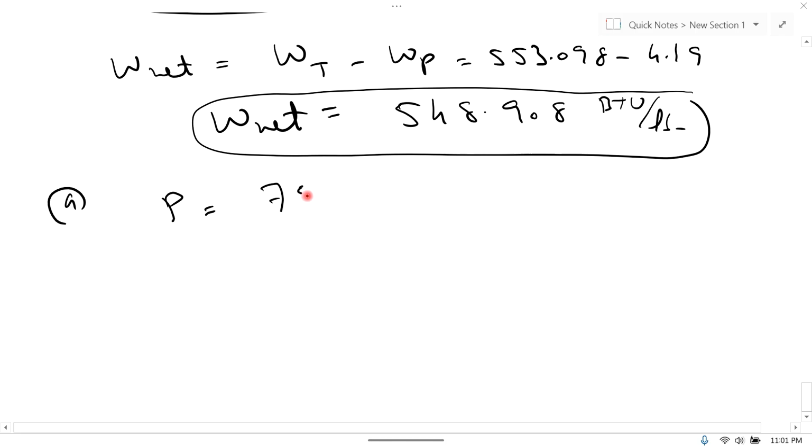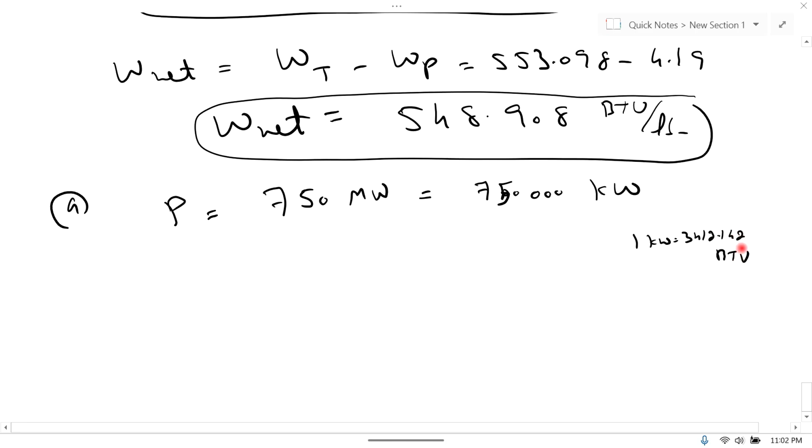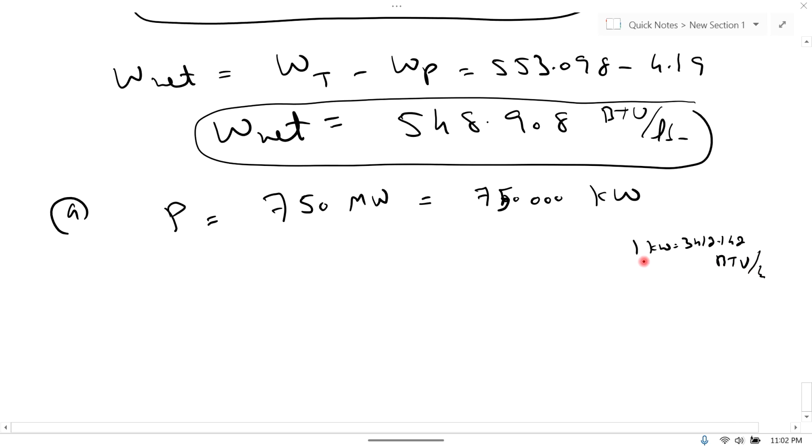So first convert this value into BTU per hour. 750 megawatt is equal to 750 into 1000 kilowatt, and 1 kilowatt is equal to 3412.142 BTU per hour. So we multiply by this value to convert kilowatt into BTU per hour.